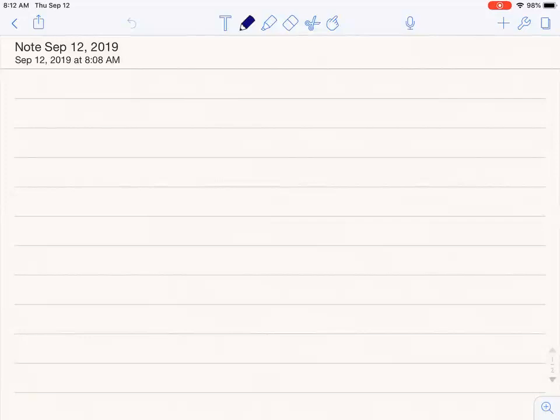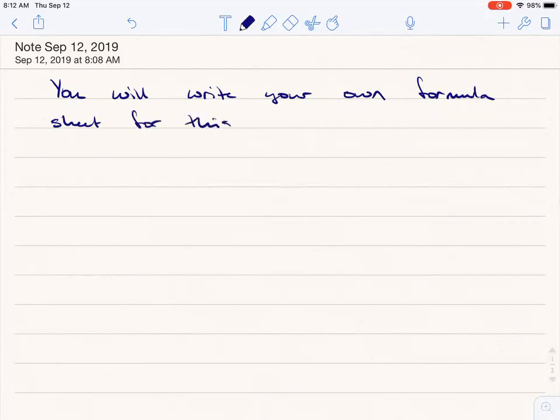So I'll just make a note here. Oh, my silly pen. So you will write your own formula sheets for this course. What's this, 8.5 by 11?